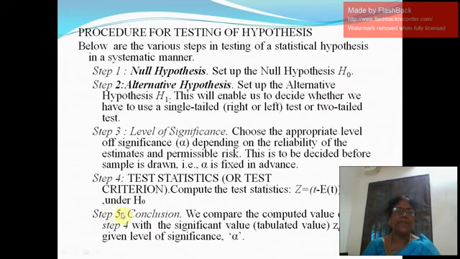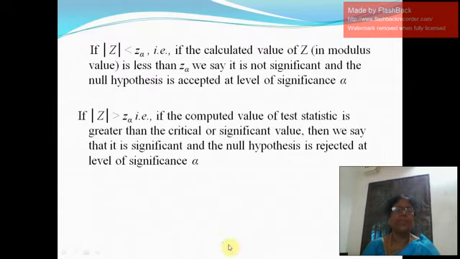Then step 5, conclusion. We compare the computed value of Z in step 4 with the significant value, that is nothing but the tabulated value which will be given in the table. And at the level of significance, we have to find out that Z alpha, then compare that with the calculated value which is calculated in step 4, then we come to the conclusion.